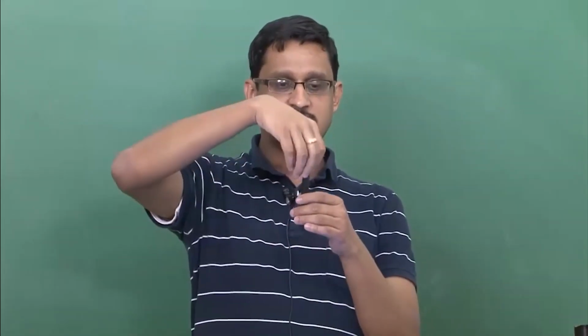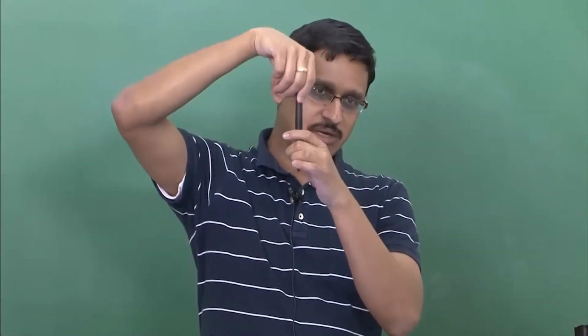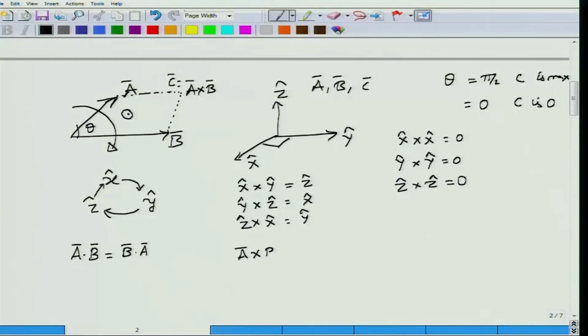So, you have a screw which is coming out like this, it would be along the plus z direction, you go this way, it would be along the minus z direction, right. So, we have A cross B not equal to B cross A, instead A cross B is actually equal to minus B cross A, that is, the vector would point in the direction that is opposite to A cross B, okay.